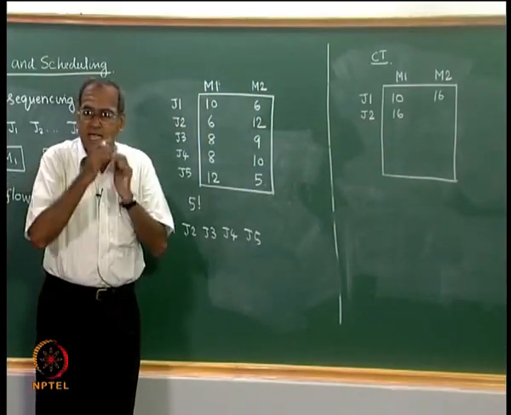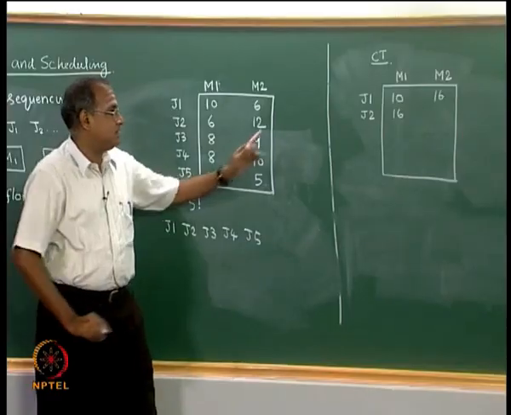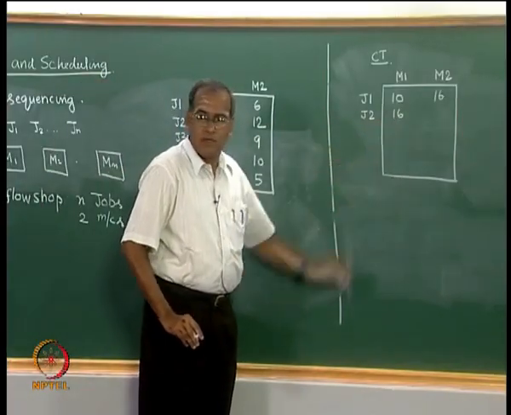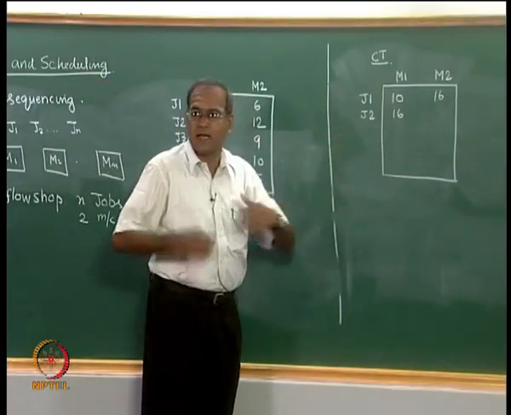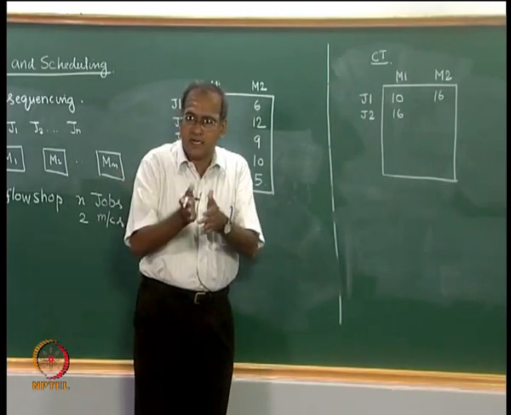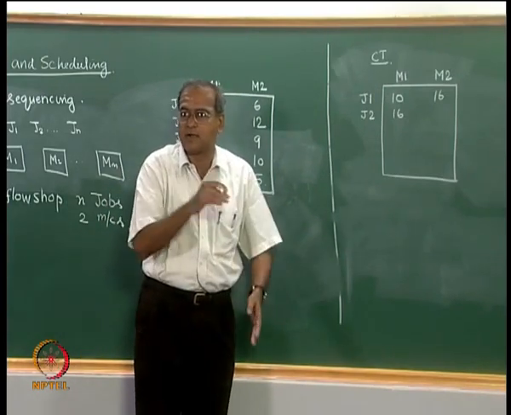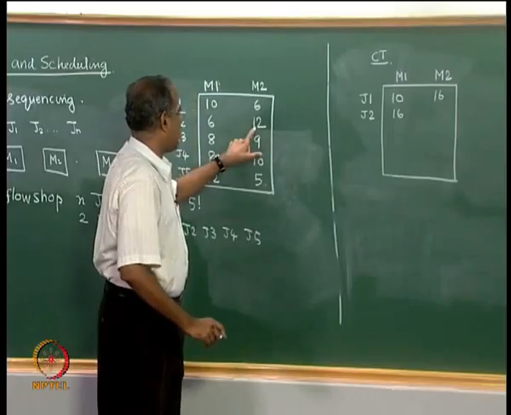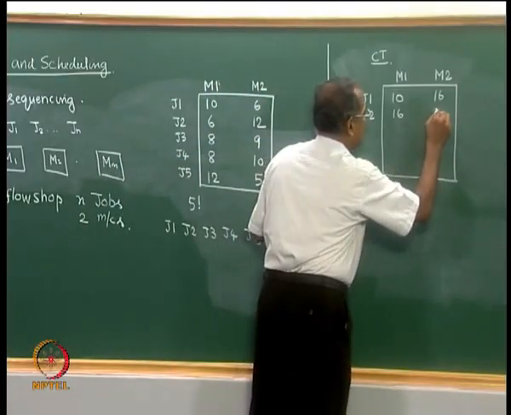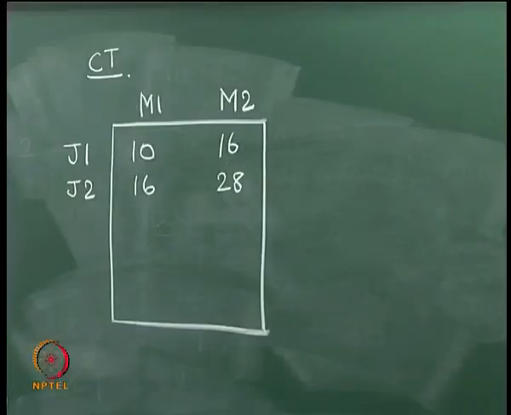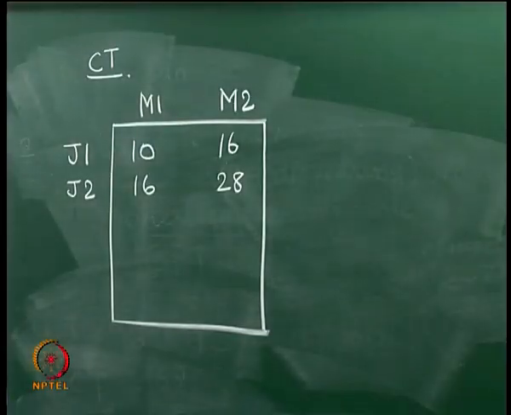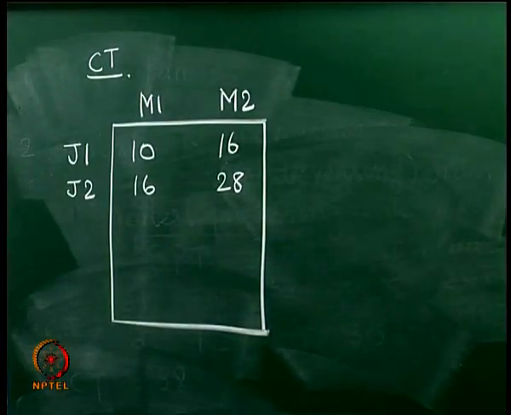Now, M2 is also free at time equal to 16. So, J2 straight away takes M2 at time equal to 16, requires another 12 units of time. So, at time equal to 28, J2 finishes at M2 and J2 goes out of the system.